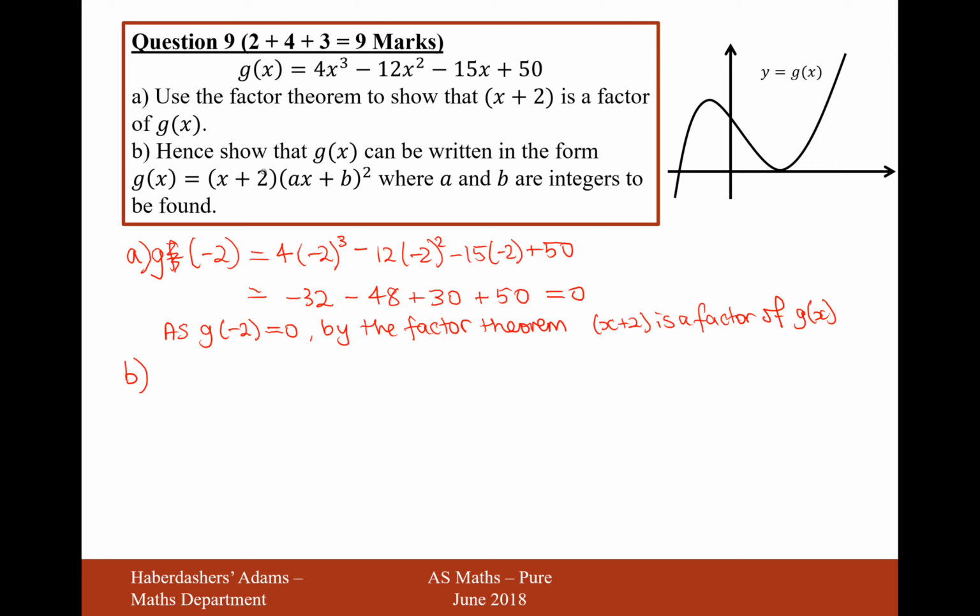So part B, hence show that g of x can be written in the form x plus 2 and then this expression here where they are integers to be found. So we need to do some algebraic division here. So 4x cubed minus 12x squared minus 15x plus 50 is going to equal x plus 2. Now let's work out what needs to go inside the bracket.